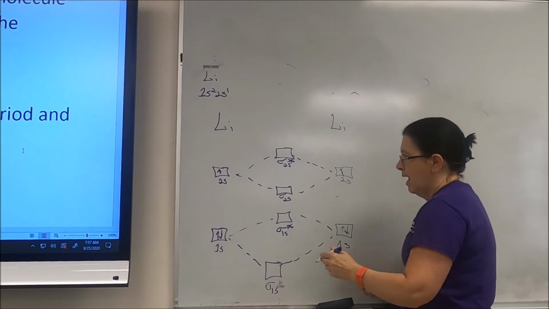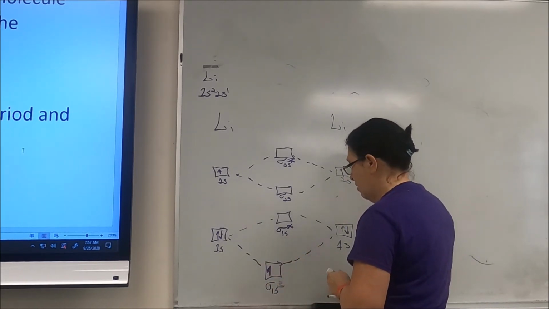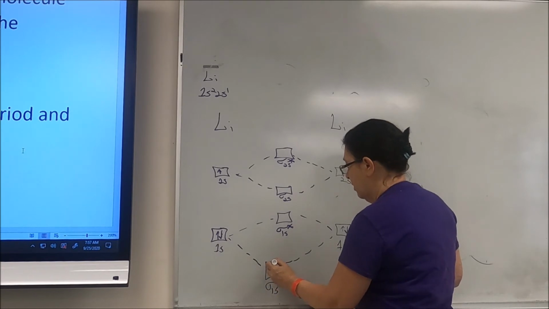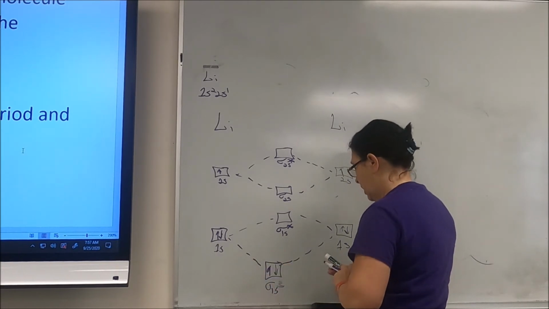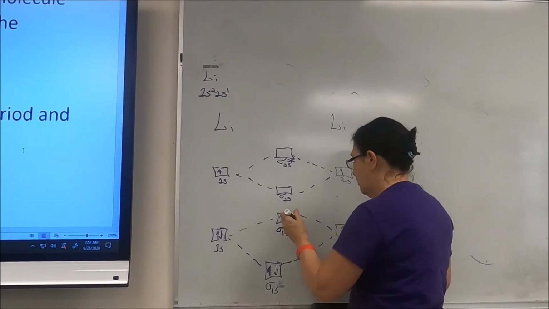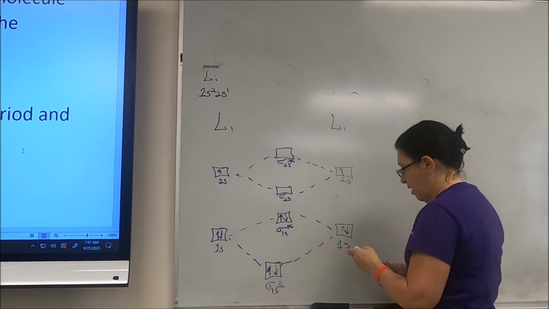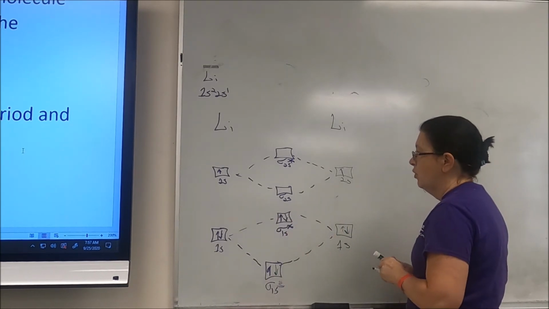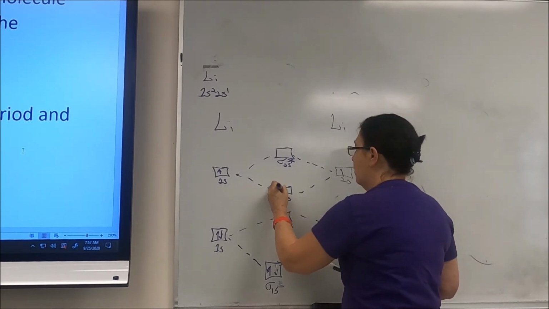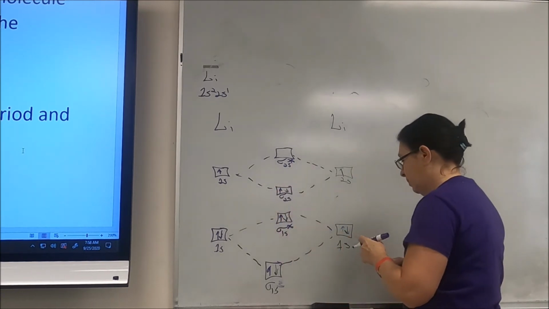Okay? Now, I'm going to take an electron from here and an electron from over here. And then an electron from here, and an electron from here. So there's the 4 electrons that were in the 1s between the 2 atoms. And then I got 1 here and 1 here.